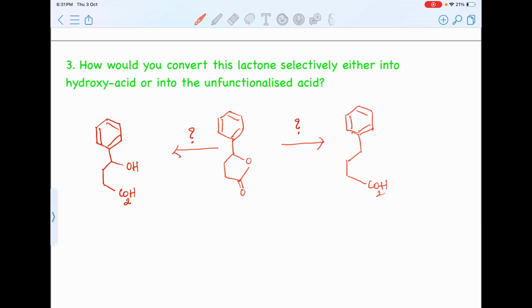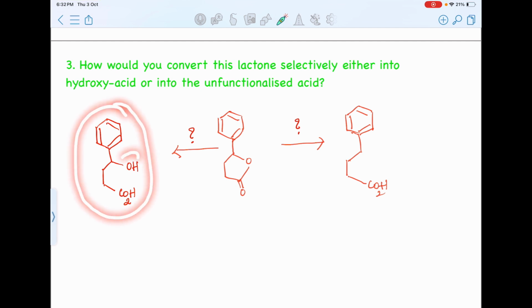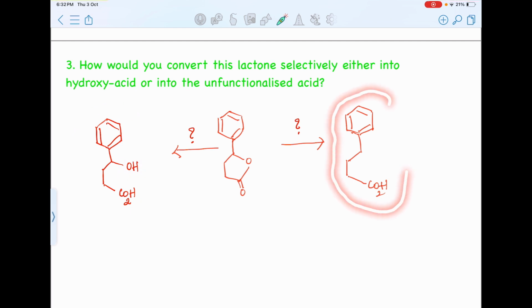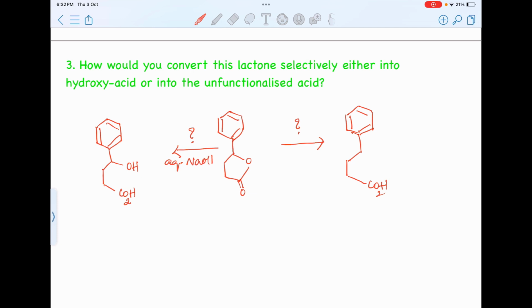Third question is, how would you convert this lactone selectively either into the hydroxy acid, this one is the hydroxy acid, and the unfunctionalized acid. So if you look at the reaction, this conversion into a hydroxy acid is a simple hydrolysis reaction. If you take the aqueous sodium hydroxide, we will get this hydroxy acid.